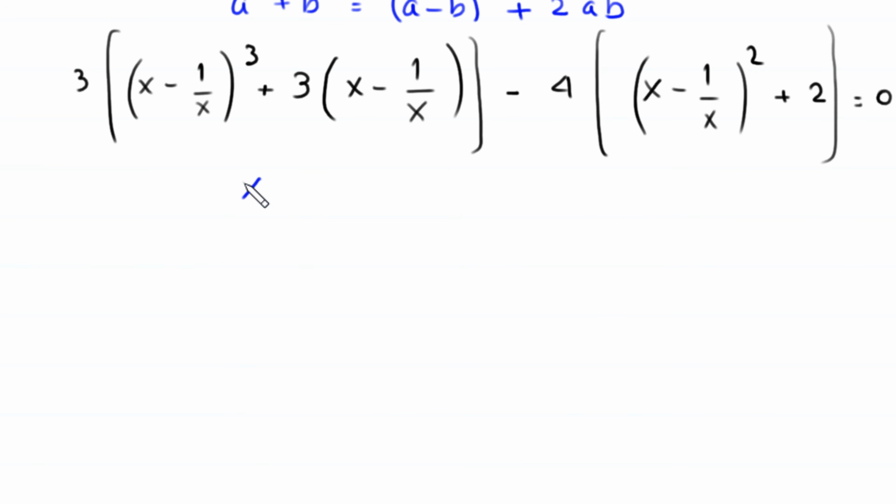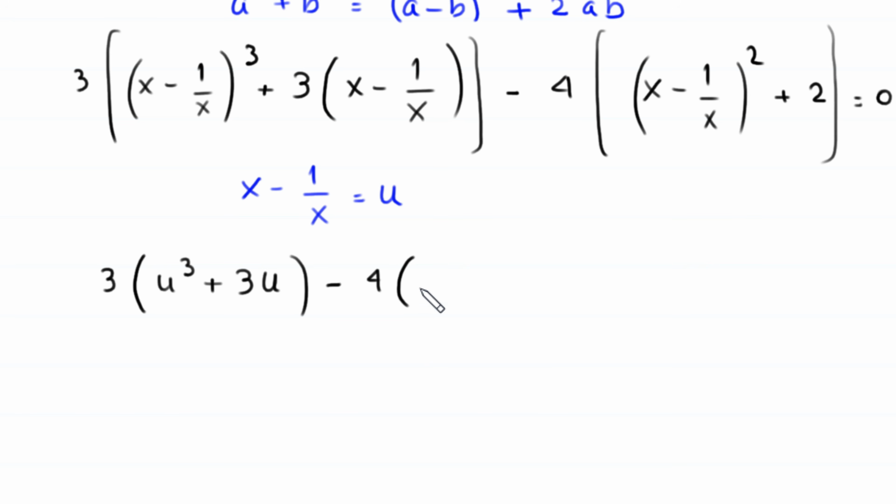Now we suppose that x minus 1 over x equals u. So this will become 3 times u cubed plus 3 times u minus 4 times u squared plus 2 equal to 0.